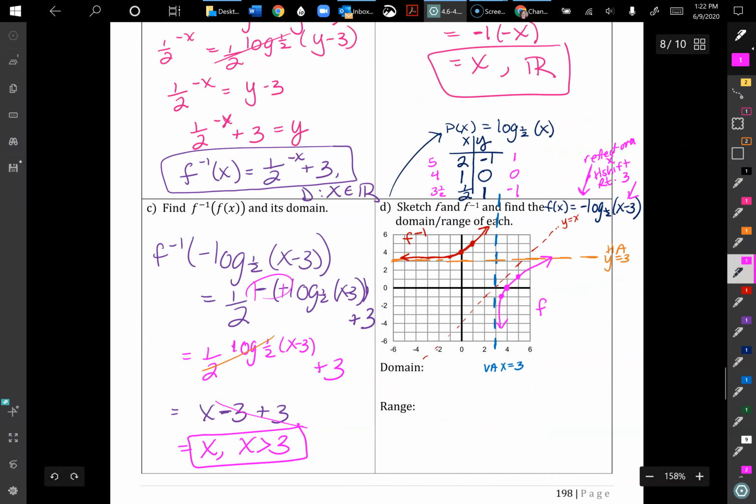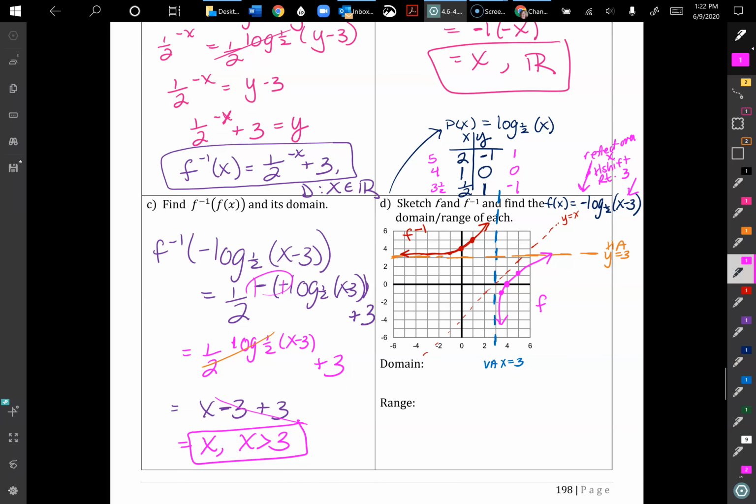I do need to state my domain and range again, just to be real clear that I have my domain for my function. So for f of x, my domain is x greater than 3. For my inverse, f inverse of x, I have my domain is going to be all real numbers.